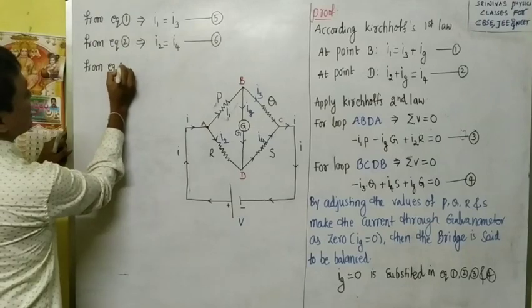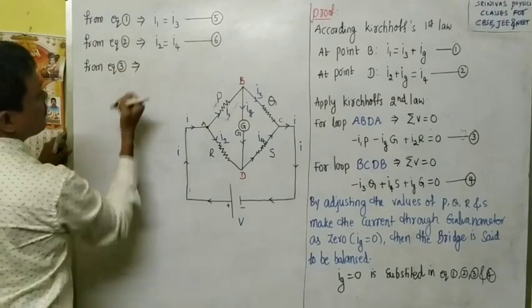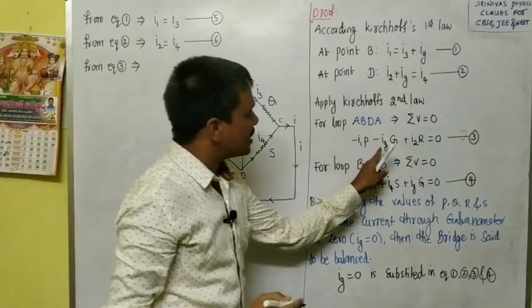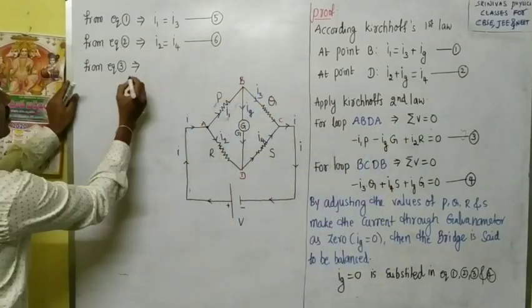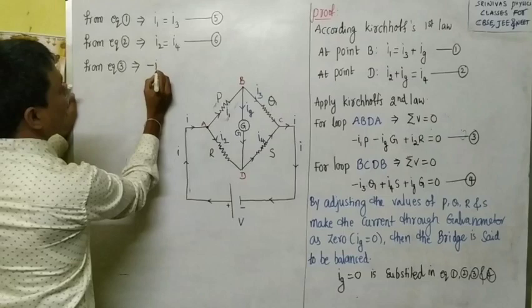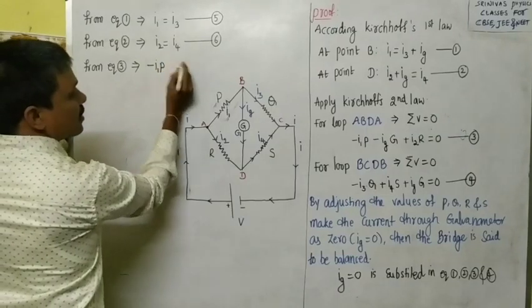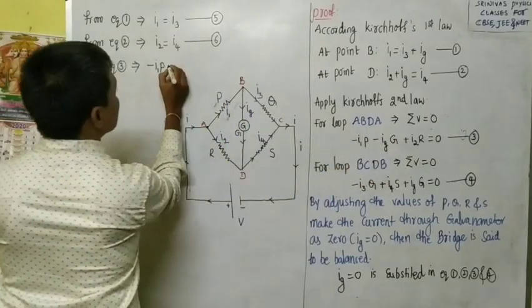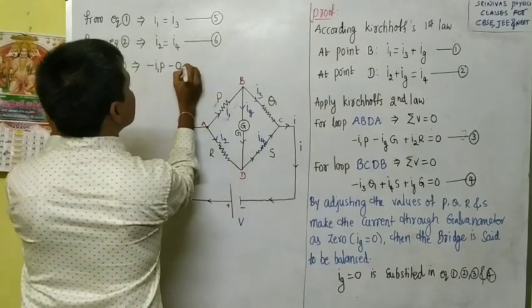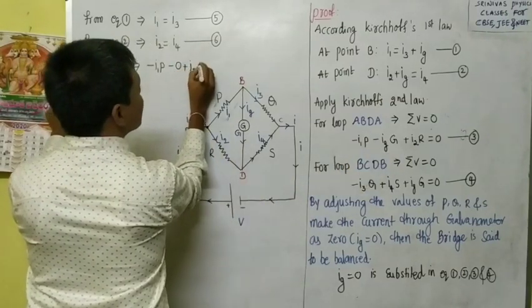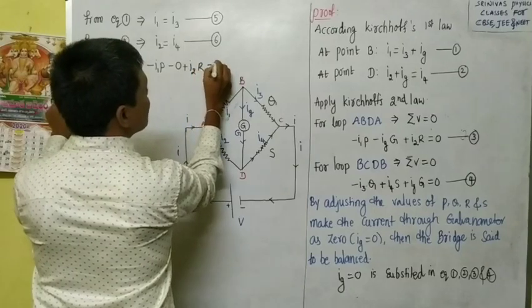Next, I am going to substitute in equation 3 also. From equation 3, what will you get? Here Ig we are substituting 0. Then this term totally becomes 0. Then you will get minus I1P, this term is 0 because Ig is 0, plus I2R is equal to 0.